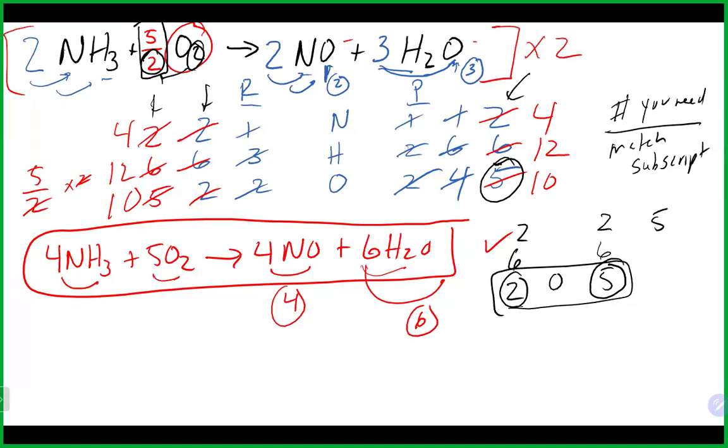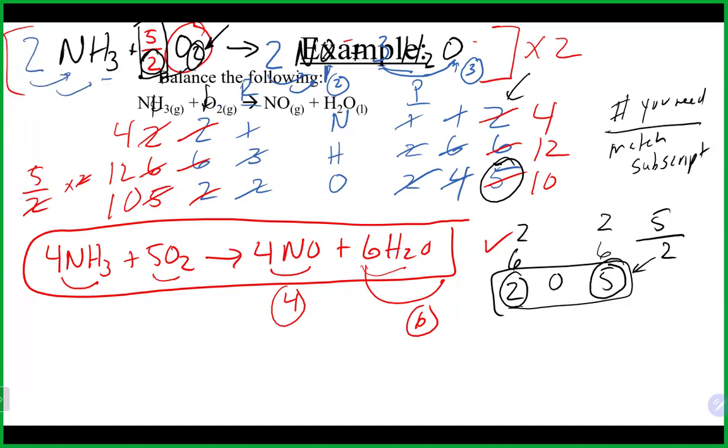That's why we chose 5 for the top. The bottom number should always be the subscript that's there, and in this case, the subscript was a 2. If you follow that formula, you should always pick the right fraction. Question on that?